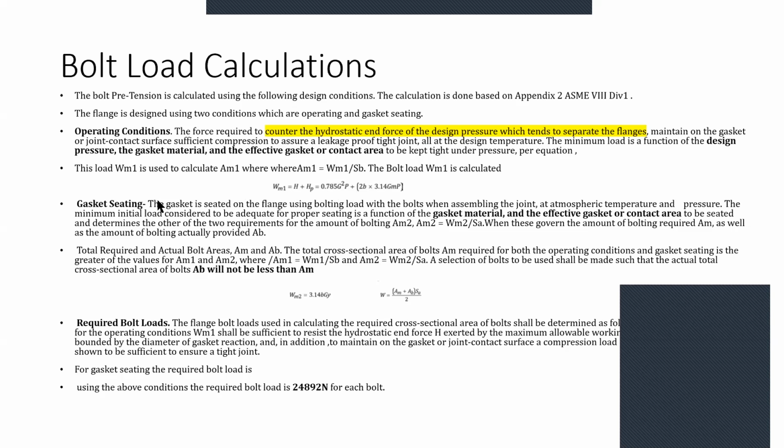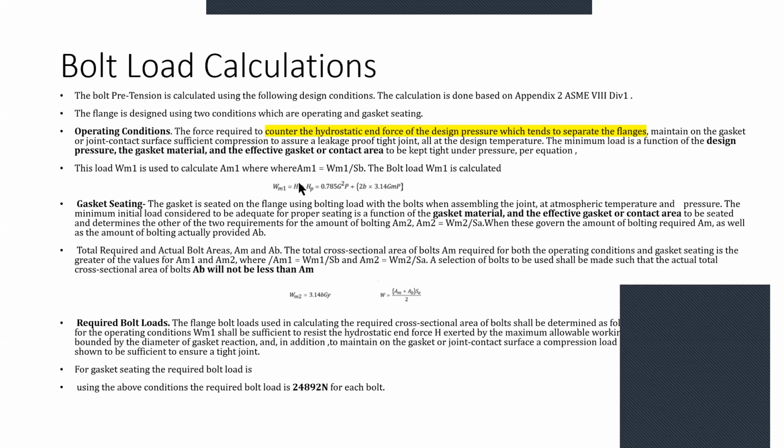Now the second condition is gasket seating. The gasket seating is done during non-operating condition, where we require the force that is necessary to seat the gasket or joint contact surface properly by applying the minimum initial load under atmospheric conditions. This is nothing but pi into width of the gasket into diameter of the gasket into the yield stress of the gasket, right?